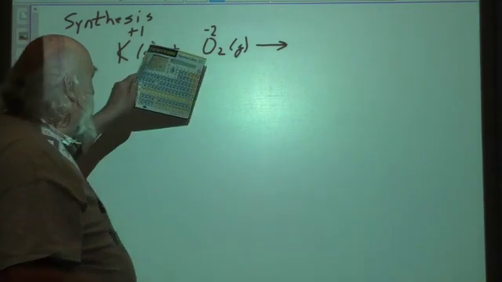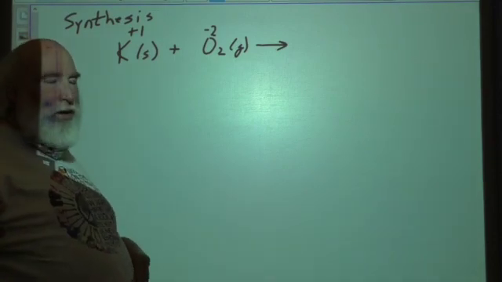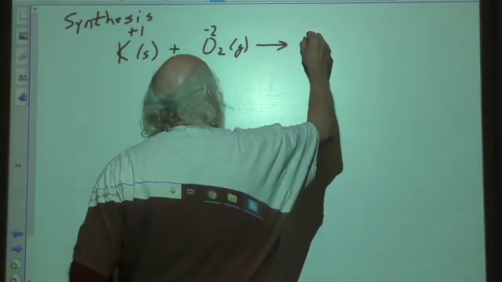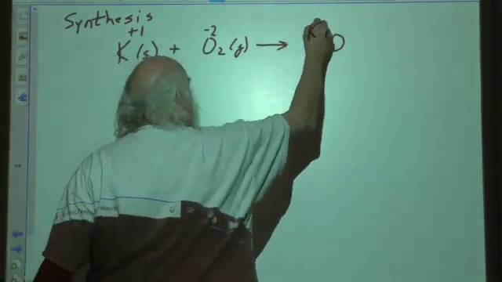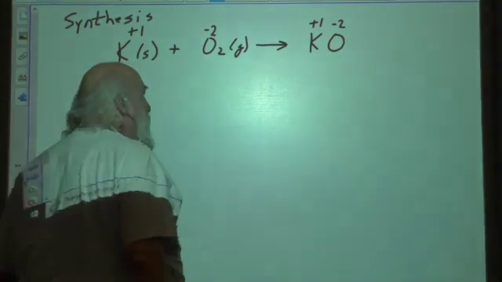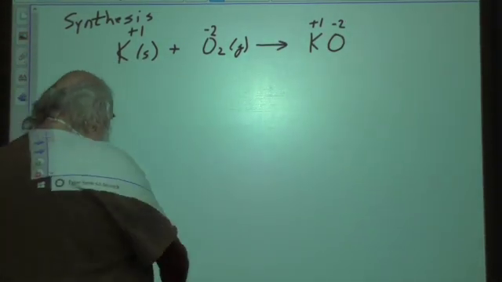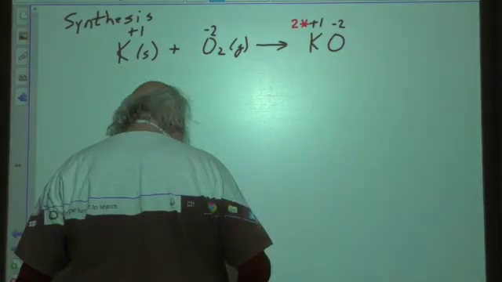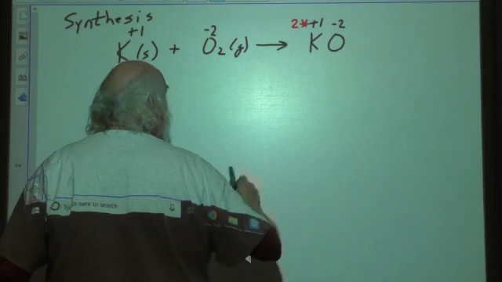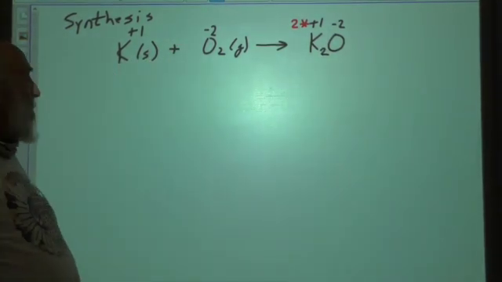So we put these together, we ignore the 2 because the oxygen is diatomic by itself, but not necessarily in a compound. So put K and O right there. Bring these charges over. And we see that the charges are not balanced. And you can probably tell here that we're going to need to have 2 potassiums in order to balance the -2 charge. So we're going to put a subscript 2 by the K.